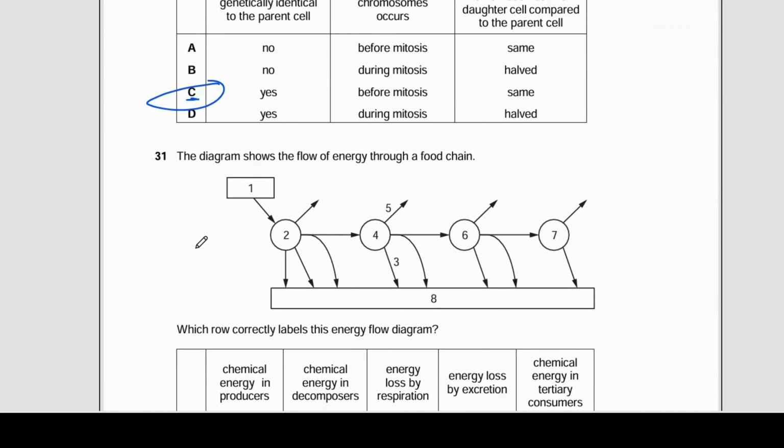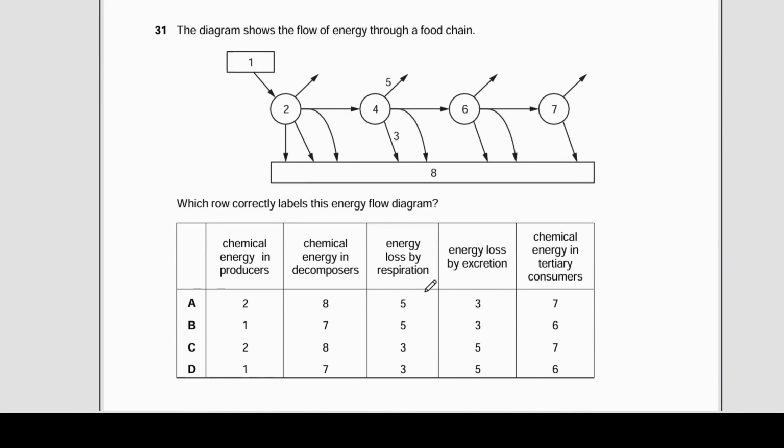Next one is the diagram of energy flow. Which row correctly labels this energy flow diagram? What is one? What is two? What is three? Okay, let's see. Chemical energy in producers.